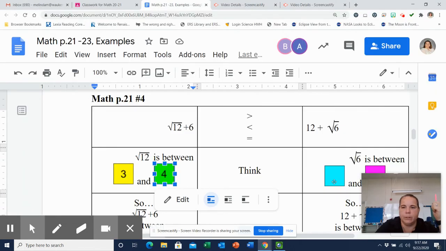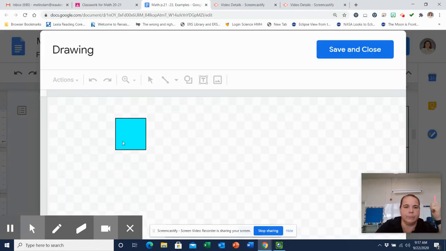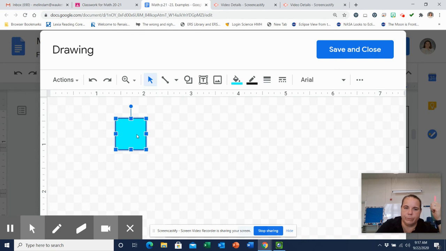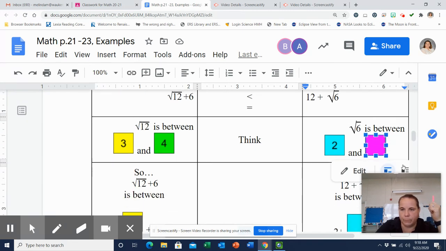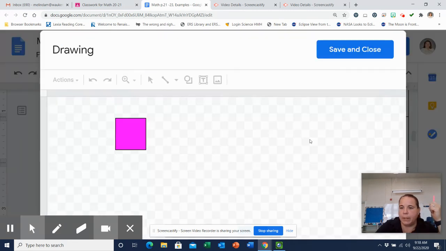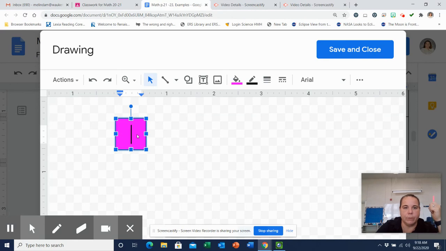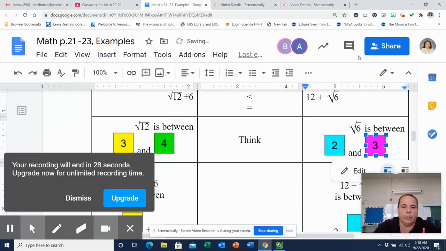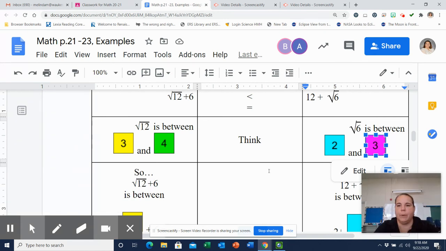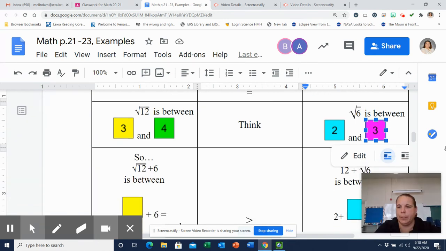It's between 2 and 3. I zoomed in, and now my little video face is right there. Save and close. Now we can see it's between 2 and 3.